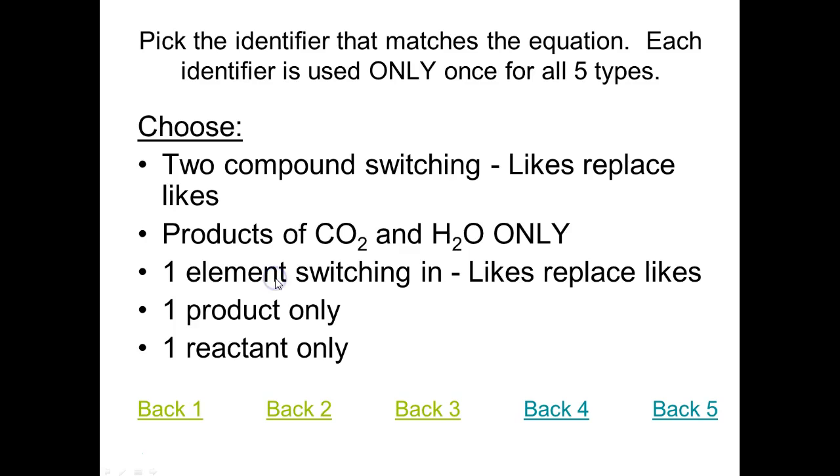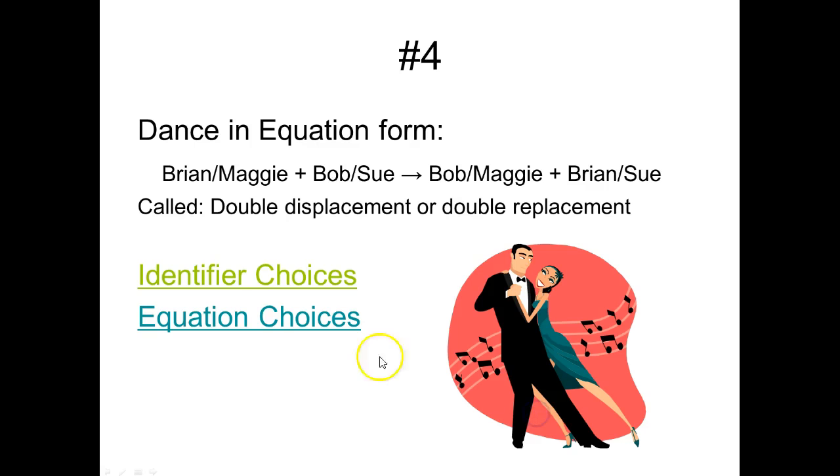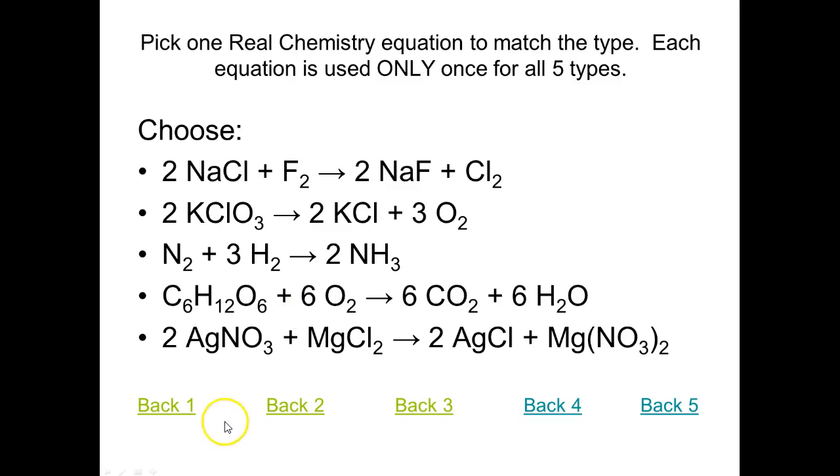So let's go look at our identifier choices. Choice number 1 says 2 compounds switching. Again, likes replace likes, just like we had with single replacement. The metal has to replace the metal and the non-metal has to replace the non-metal. So let's look at our equation choices. Of the ones that are remaining, our only choices left are number 4 and number 5 here.